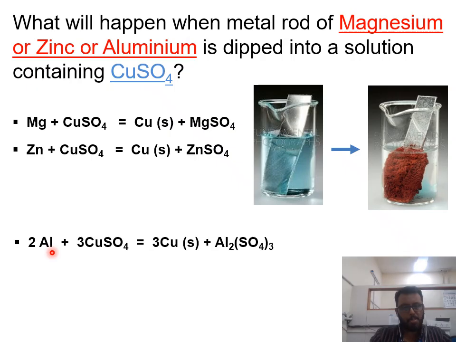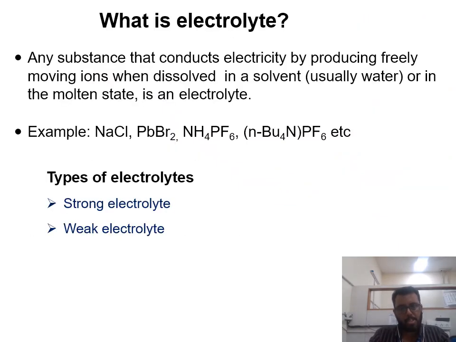Similarly, when an aluminum rod or a foil or a plate is immersed in copper sulfate, aluminum sulfate forms and slowly you can observe a turbid white precipitate. These are all due to electrochemical oxidation reduction reactions that are called galvanic displacement reactions.